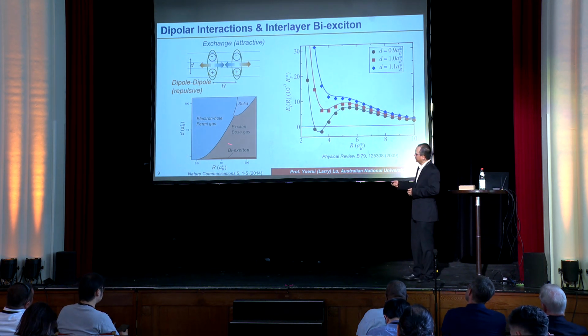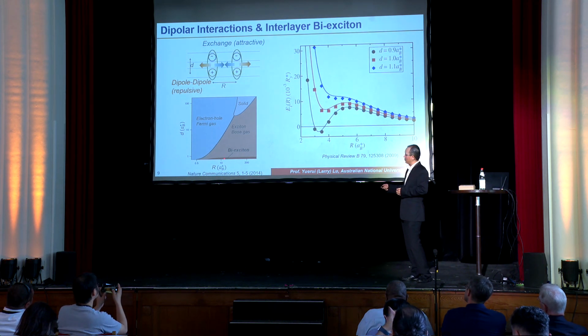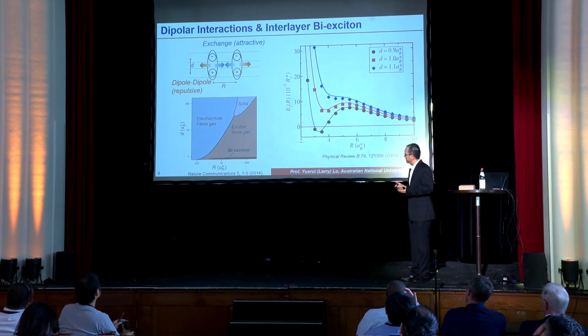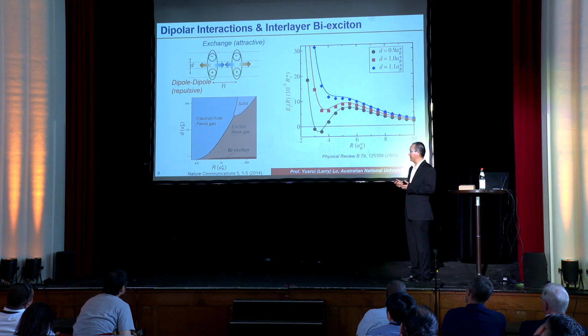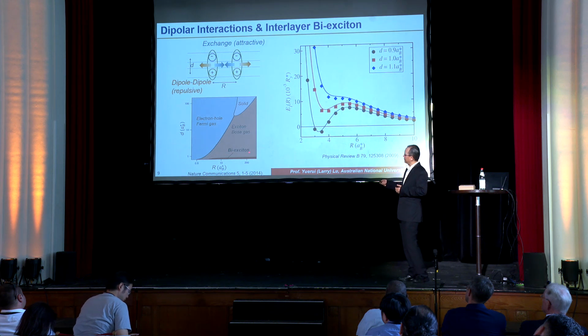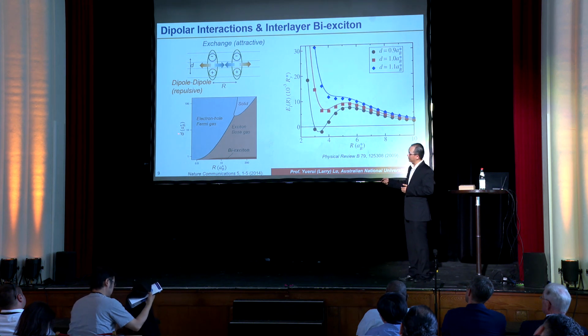Actually, this interlayer bi-exciton state was predicted decades ago, but it was never reported or observed in experiments in the past decades. The reason is, if we look at this phase chart, this is D, the interlayer distance. If we want to see the interlayer bi-exciton state, the D value needs to be small.